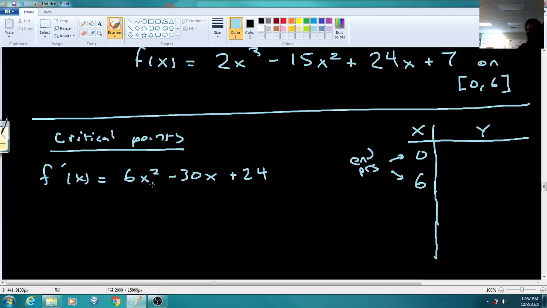Again, this is a parabola, ax squared plus bx plus c, so there's not going to be any undefineds caused by this. So I'm just going to see where this is equal to 0. When I find my critical points, there are no x values where the first derivative does not exist, so I don't worry about those type of critical points. I'm just going to focus on the critical points that make the first derivative equal to 0. So I'll factor a 6 out.